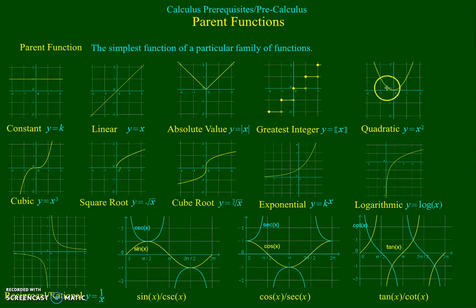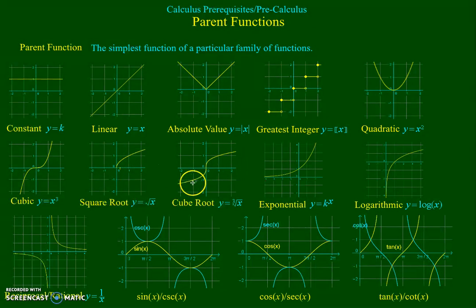Quadratic, you should know that from the U shape, either right side up or upside down. Cubic, it's this little double U where you have the U here and then the same copy of it down below. That's a characteristic shape of a cubic. Then we have square root or radical function. Cube root.